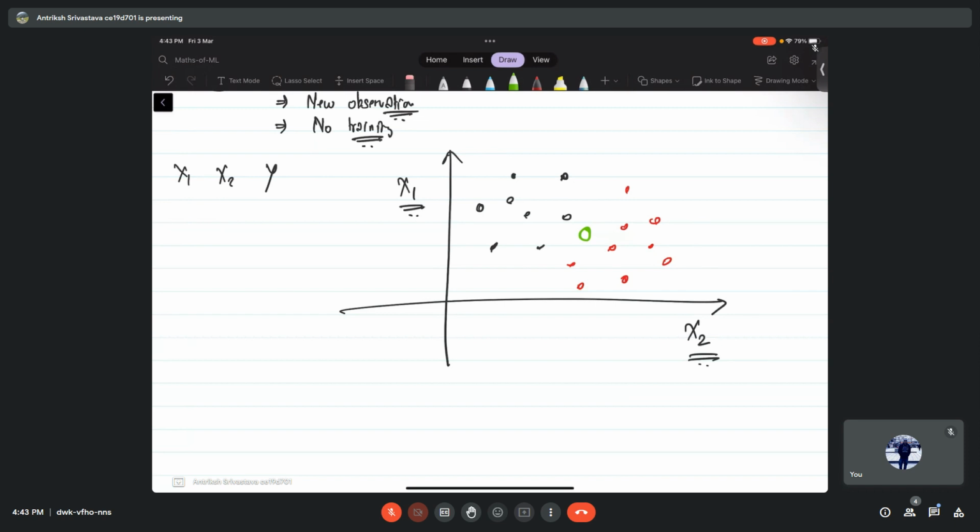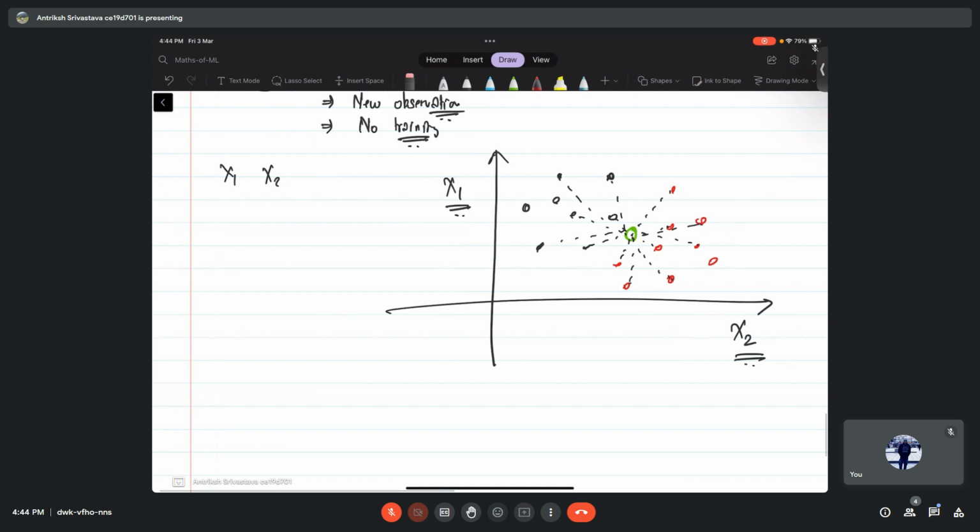So what we will do is we will calculate the distance of this point with all the existing points that I have given. Right? And after doing that, I am going to order or arrange these points based on their increasing distance.